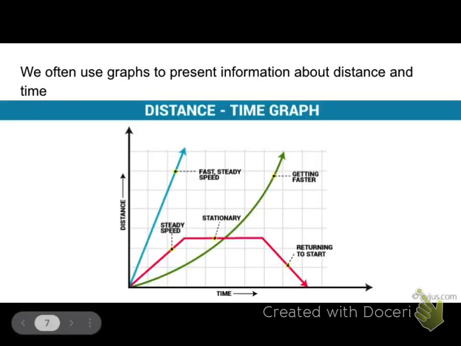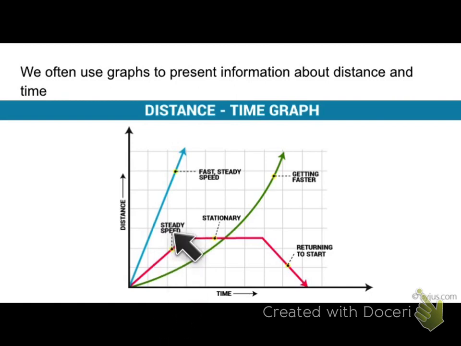We often use graphs to represent information about distance and time, and we call them distance time graphs, which makes sense, right? So on a distance time graph, when you have a line that is straight, like this line, moving up or moving down, that means they are at a steady speed. Their speed is constant.